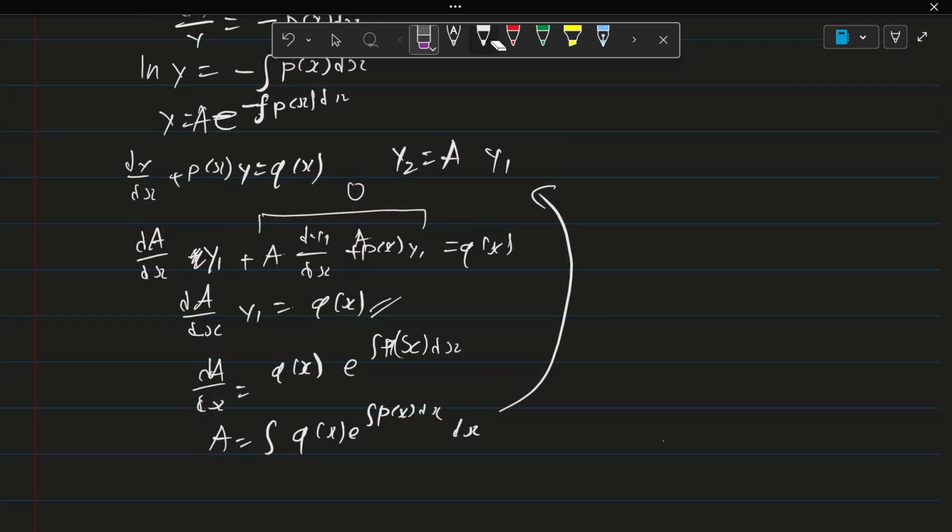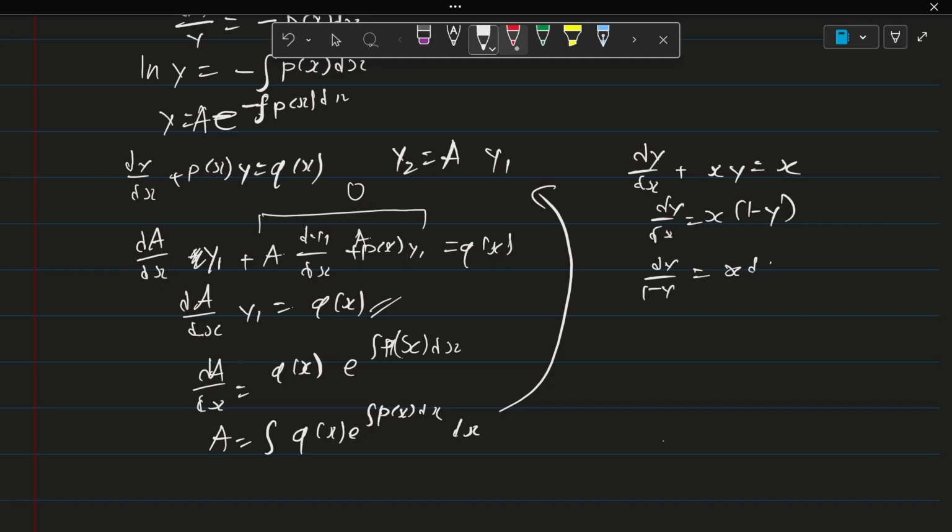So let's just do a very simple example of this. If we have dy over dx plus xy equals x, obviously you could just solve it by separation of variables. If you do it cleverly, you could make this into dy over dx equals x(1 minus y). And so you would get dy over 1 minus y equals x dx.